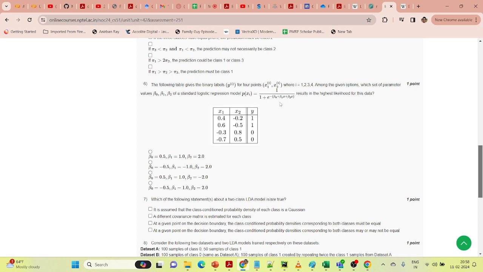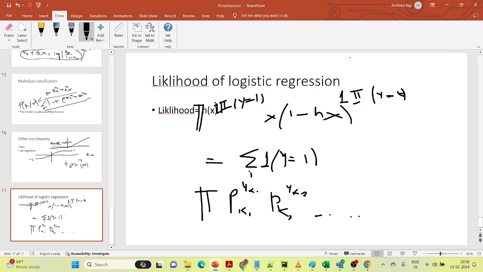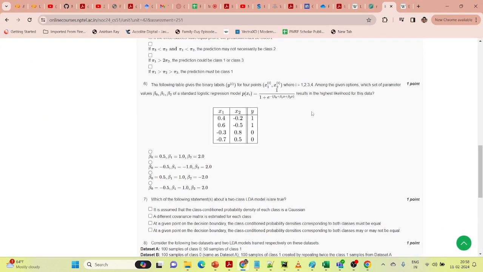This is the hypothesis and this is our likelihood. You can write the likelihood and maximize it, differentiating with respect to the parameters beta 0, beta 1, and beta 2. Using that, you will have three equations and three unknowns. You can solve it and get the values of beta 0, beta 1, and beta 2. No need to overcomplicate it.